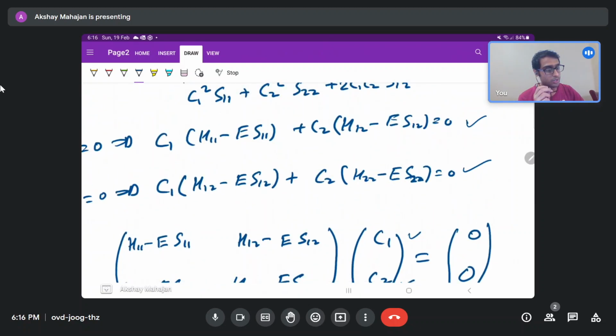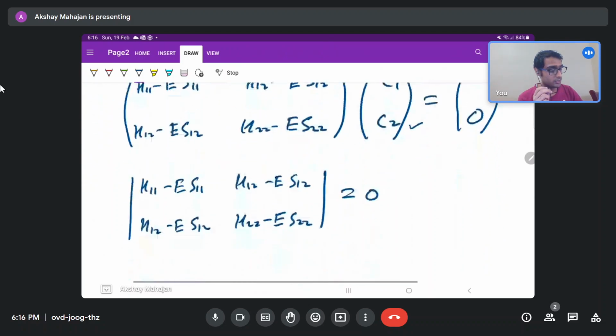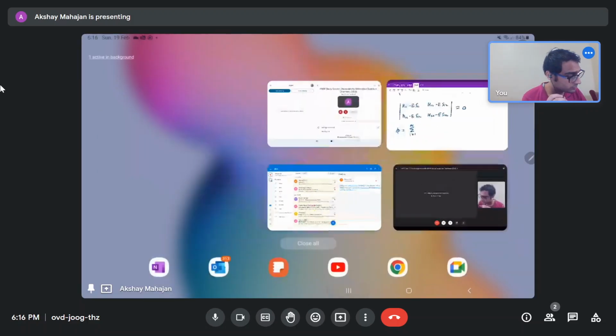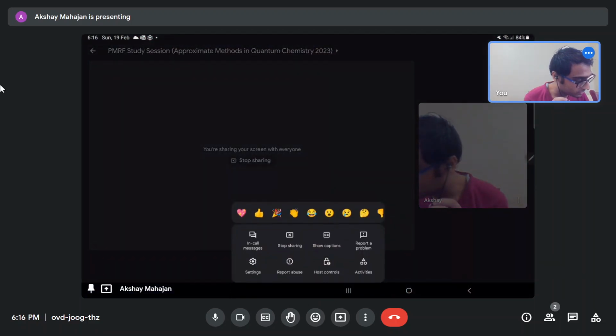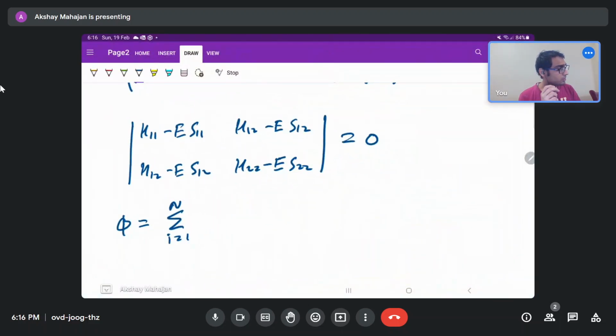So basically just put them back in these two equations. The values of H11, S11 you have found. We have E values, and using two equations you can find two variables. And similarly, as you know, we can have a combination of psi 1 to n.